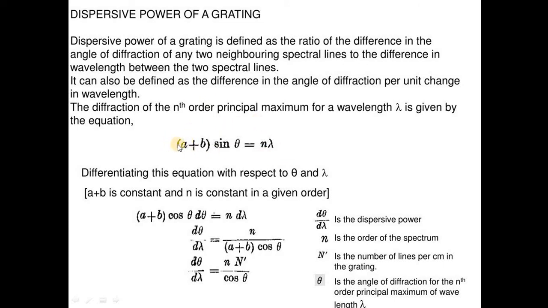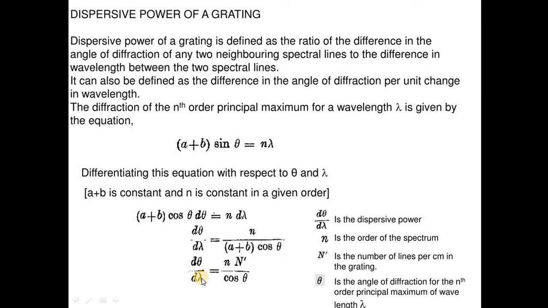Normally the grating law is (a + b) sin theta = n lambda. If I differentiate it, the differential of sin theta is cos theta d theta. Theta is changing, lambda is changing, so the differential of lambda is d lambda. From this I can calculate d theta by d lambda: it is n by (a + b) cos theta.